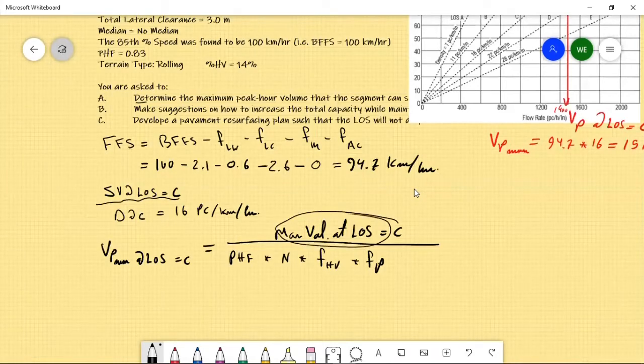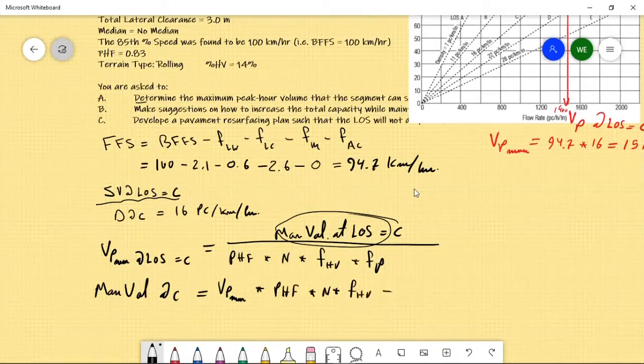Okay. So in this case, the maximum volume at C equals basically the product of VP max multiplied by peak hour factor, multiplied by N, multiplied by FHV, multiplied by FP. Let's calculate the FHV.